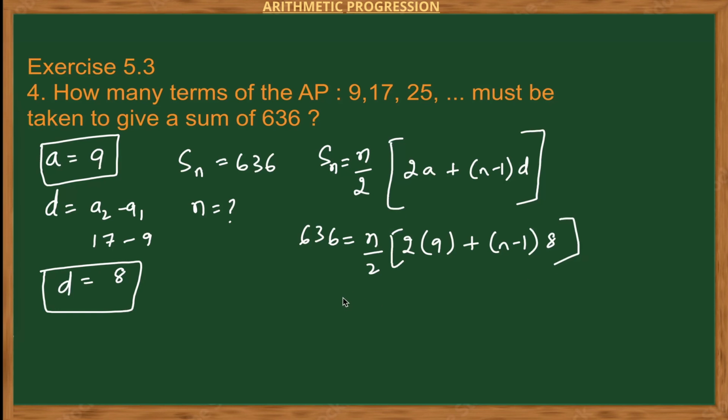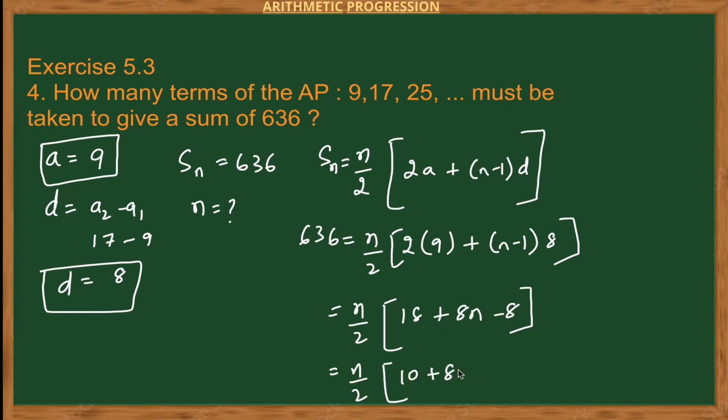So here we have 636, let it be there, n by 2, 2 9s are 18, plus 8 times n is 8n. Let's multiply this with this, so we'll get 8n minus 8. Then we have n by 2, 18 minus 8, it becomes 10 plus 8n.